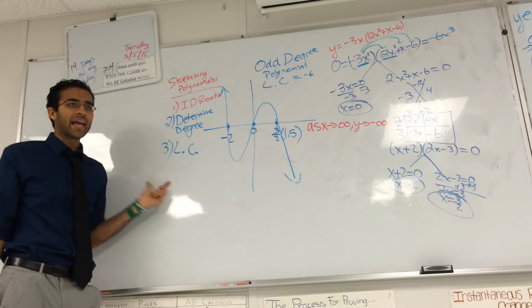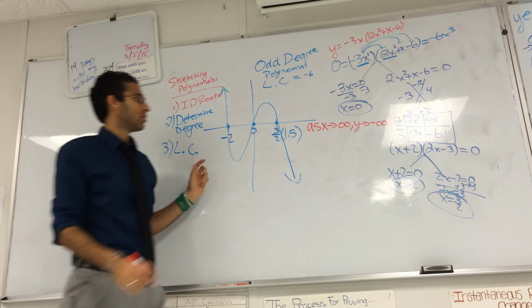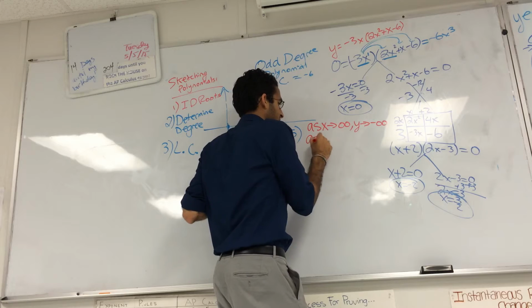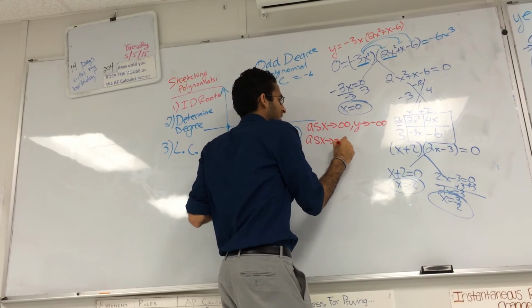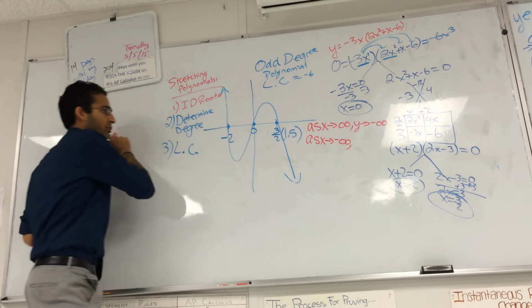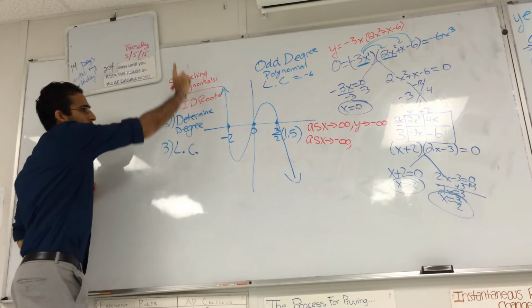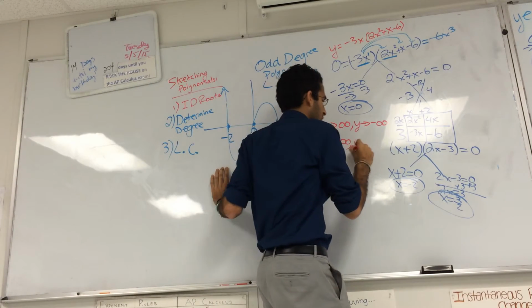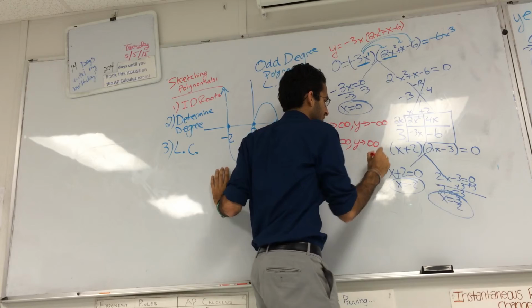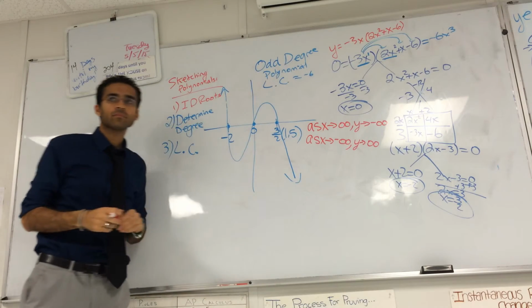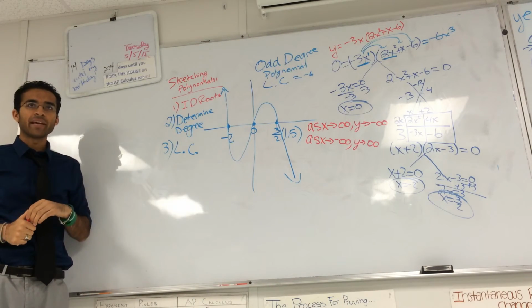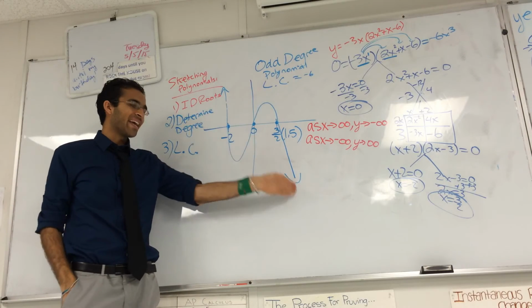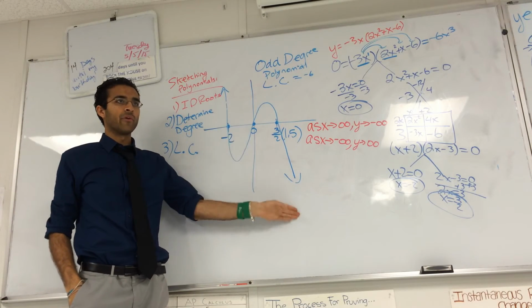Now I have to talk about the other end. As x goes to negative infinity, way over here, y goes upstairs, y goes to positive infinity. This is what we mean by end behavior: what happens on the two ends of the graph.